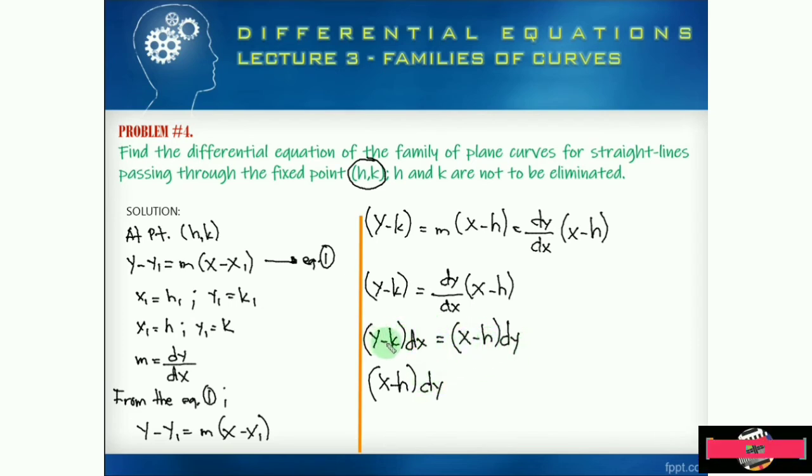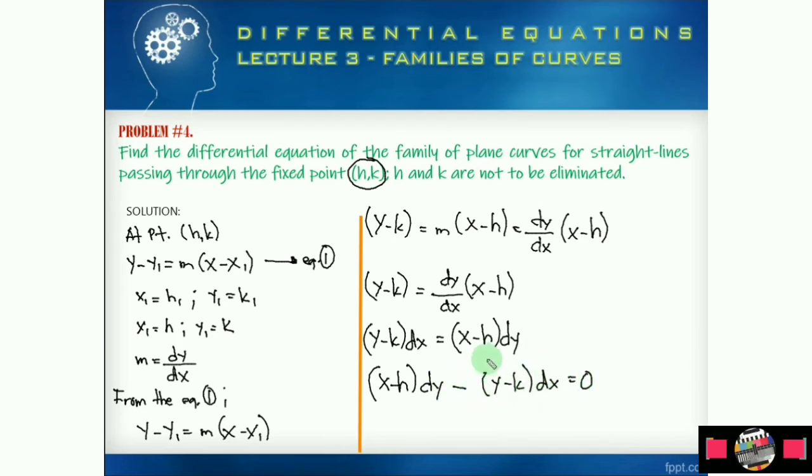So only this y minus k times dx. So x minus h times dy becomes minus when transposed to the other side. So y minus k dx is equal to 0.